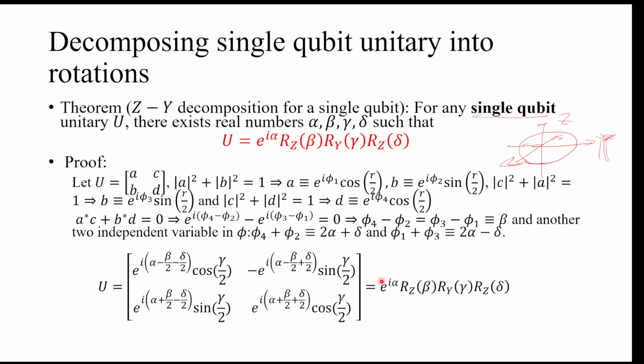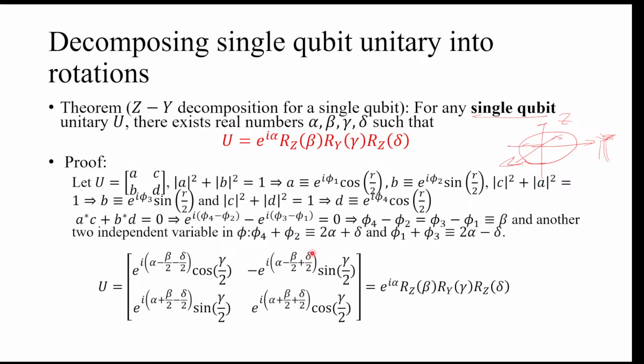So first, you can pick out a global phase, e to the i alpha. Also, the first column here and the second column here need to have inner product equal to 0, and this gives you some constraint on the phase. If you think of this as phase 1, and this thing has phase 2, phase 3, phase 4, this equation gives you some relation between those phases.